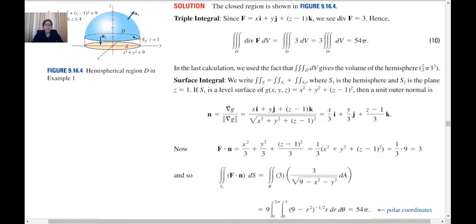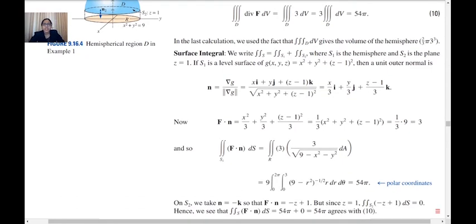Once we have x² and y², we should move on to polar coordinates, because that will be much easier. Here the region is a circle of radius 3, so r varies from 0 to 3, and theta covers the whole circle, so 0 to 2π.